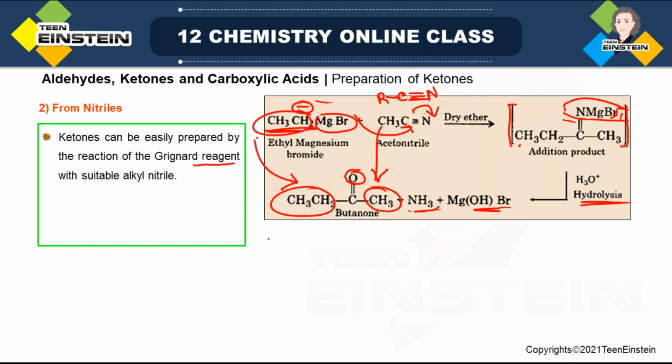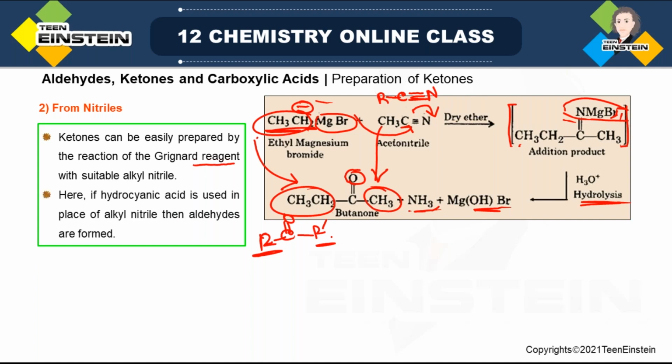If the structure is, in general, RCOR', then one R group must be present in Grignard reagent or the nitrile, and the other R group should be present in Grignard or nitrile.